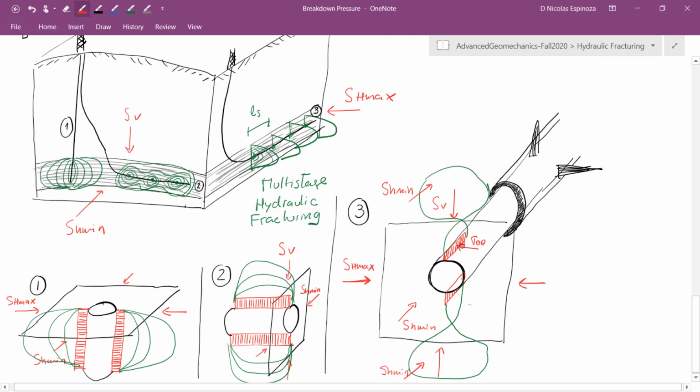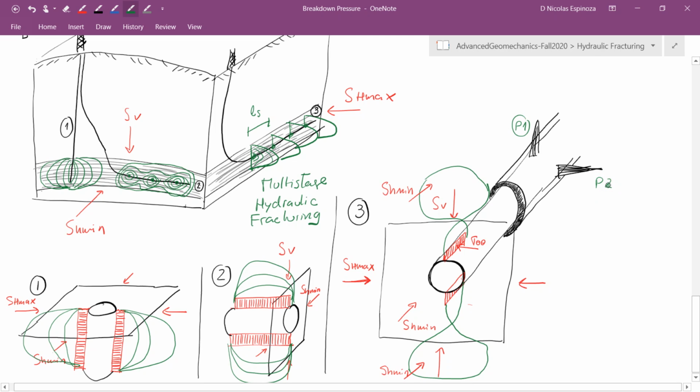So in order to get rid of these near wellbore effects, what you can do is you can do perforations in your wellbore. Notice that these perforations are going to be very similar to the wellbores 1 and 2. Let's call it perforation number 1, it is going to be very similar to wellbore number 1.